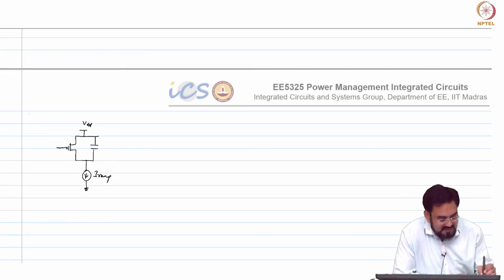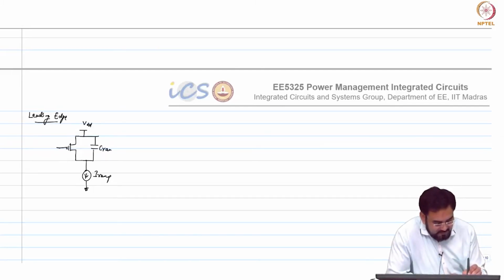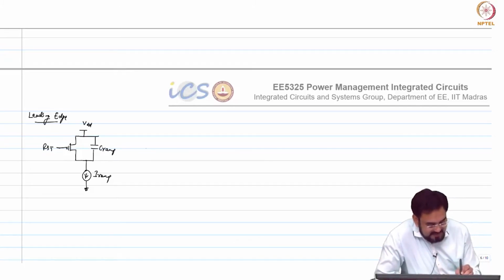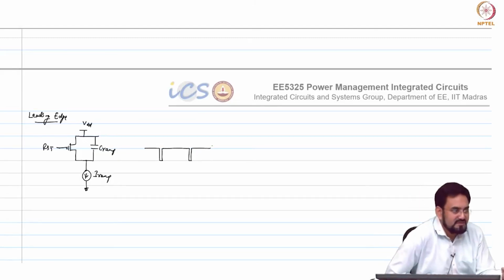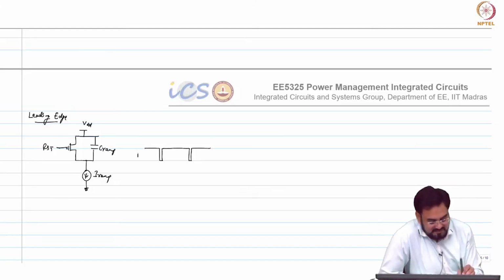Let us say this is VDD, this is your leading edge. Reset. So, now in this case your reset will be like this, because it is a PMOS. So, just the inverted signal of what we had for NMOS.